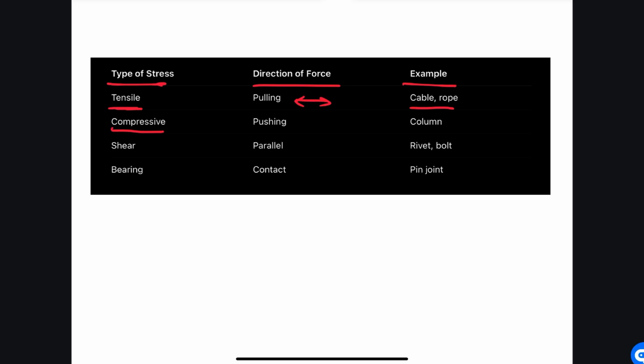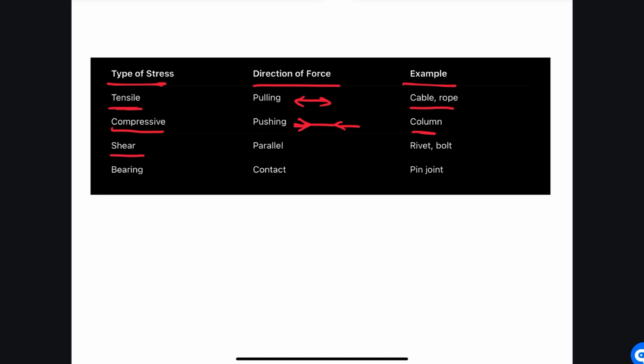For compressive stress, we are applying force like this. And what's the example? The building column, because in the building we have the earth surface and the top surface. From both, our weight is on the top surface, and at the bottom surface the earth force is always acting.